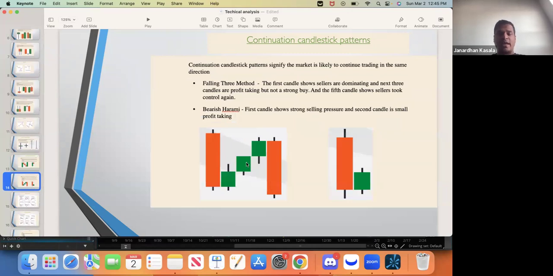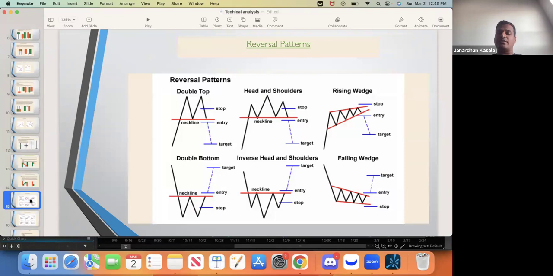Now it's time for you to look at one candle, one day, but as a whole. On every day it might take time, but it forms a few patterns which tell you whether this is bullish or bearish. You could be in a bull trend.